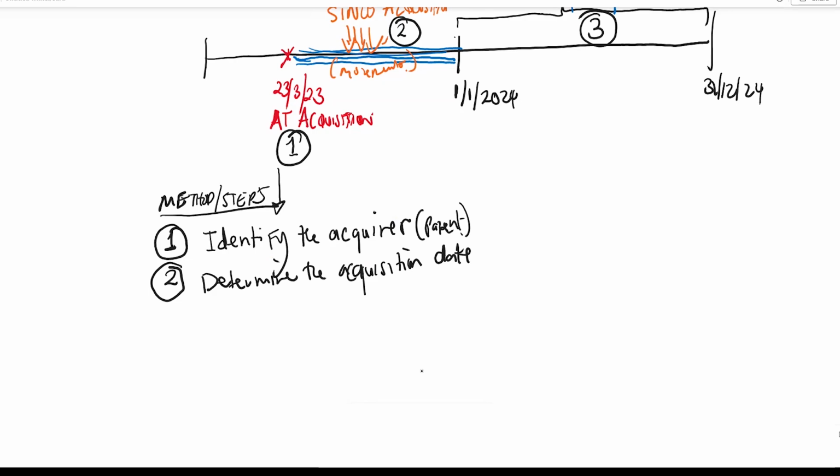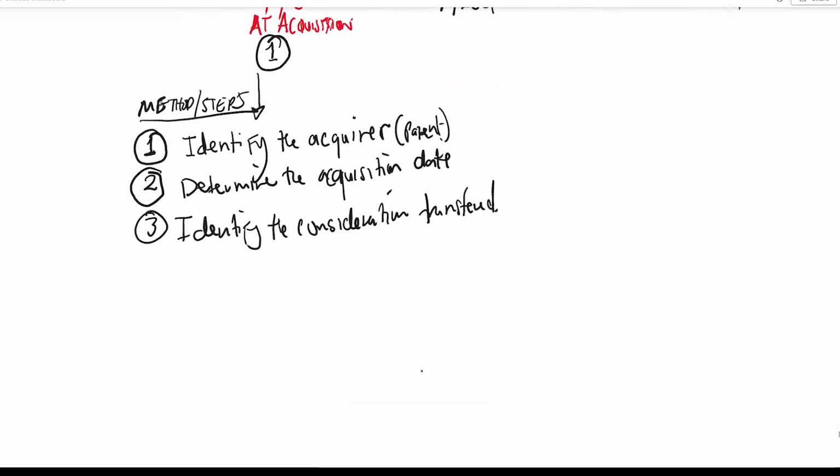Step 3, identify the consideration transferred. This is how much was paid. And did we pay with money or pay with items?